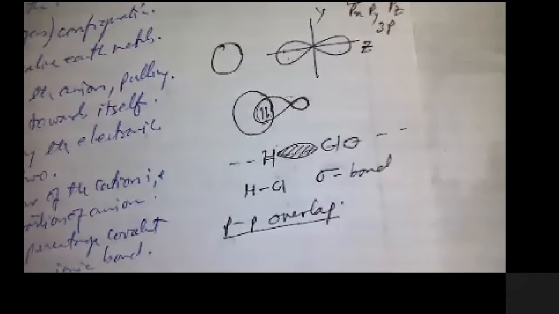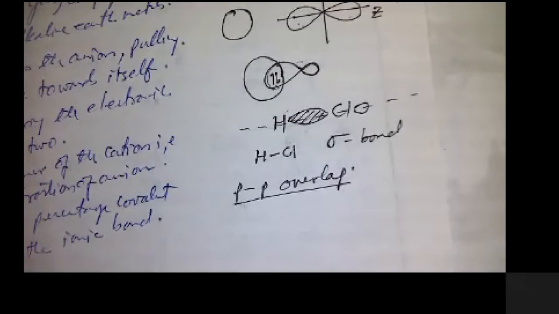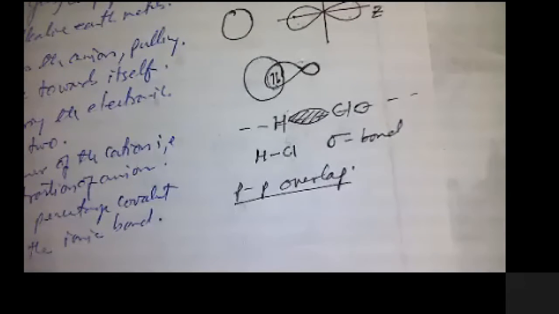So let's take P overlap. We are taking P overlap. So how does this PP overlap take place? For this, again, we'll take an example. Let's take easy ones only.